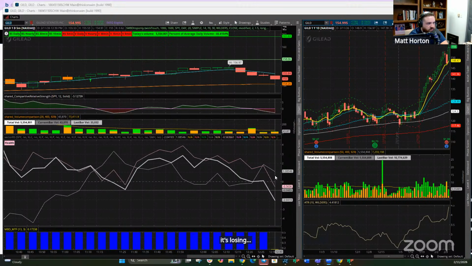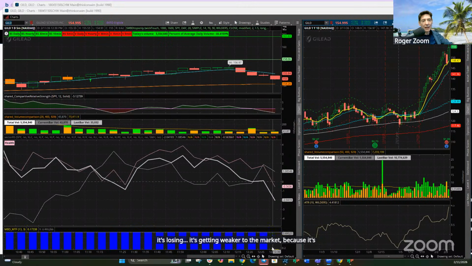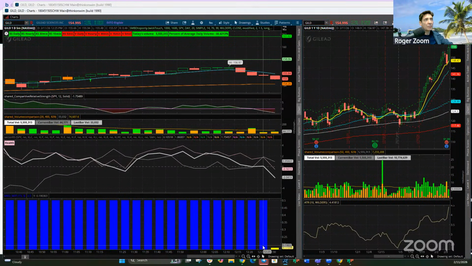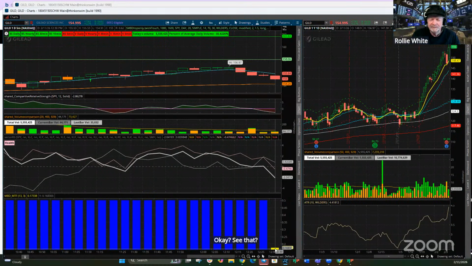It's getting weaker relative to the market because it's below the market, and momentum levels are dying off. Look, this is yellow. It's not blue anymore. You can see it right here.